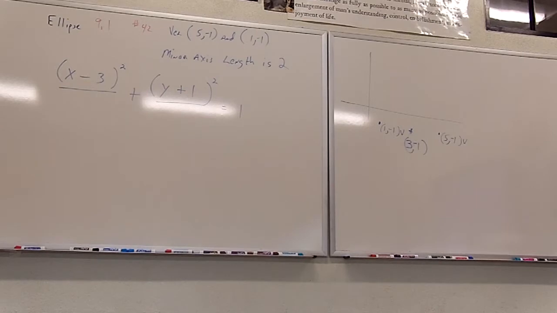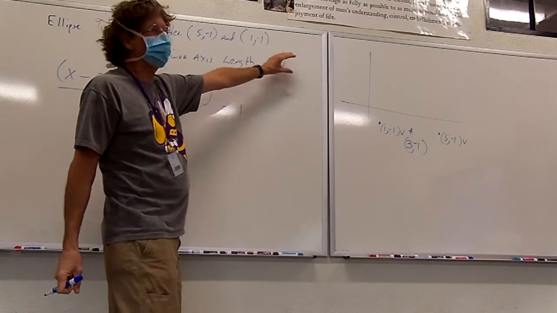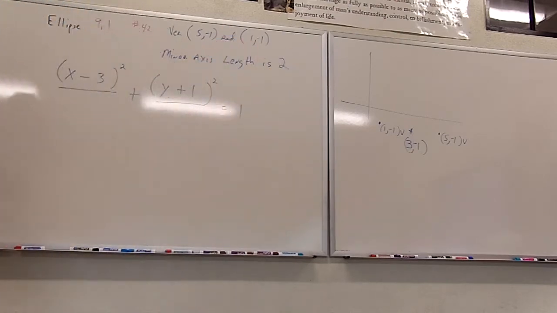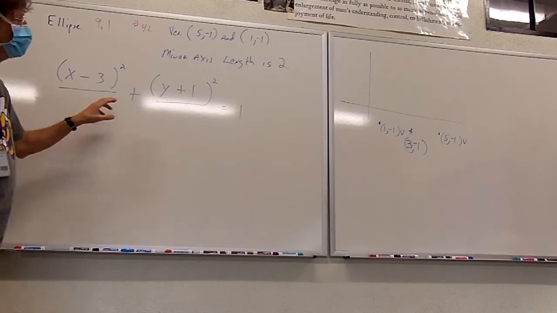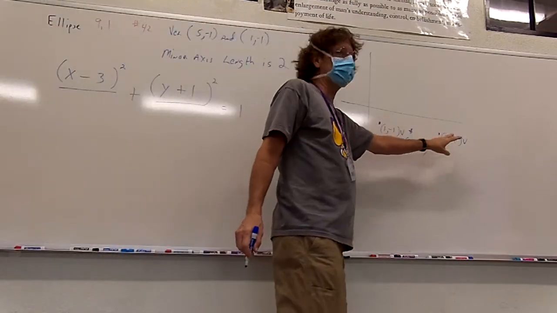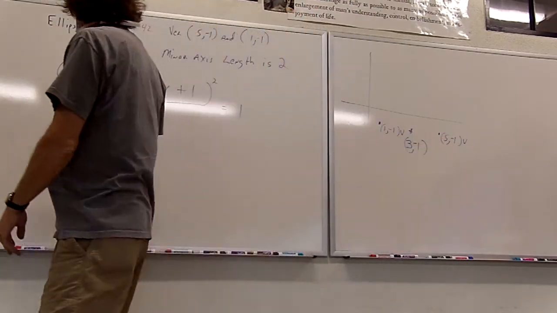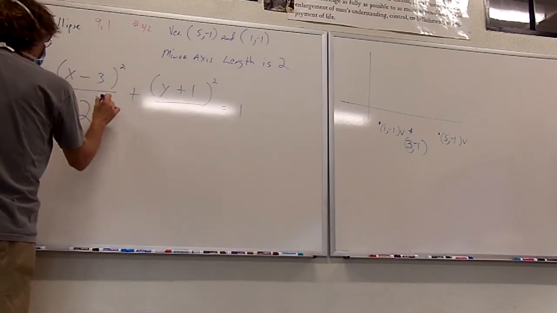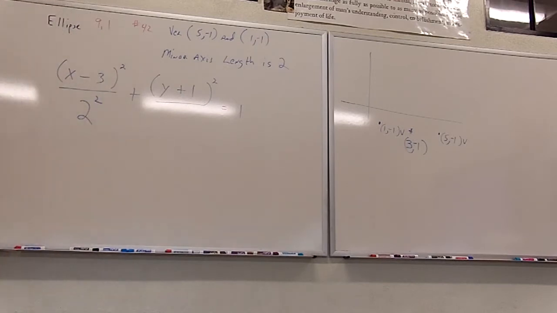I think without doing anything else, I can fill in one of these 2 numbers, even without knowing the minor axis length. Which number can I fill in? I fill in the number that goes under the x, because that's your x direction. And how far did I count from 3 to 5? 2. So I can either put 2 squared there or put what? 4.